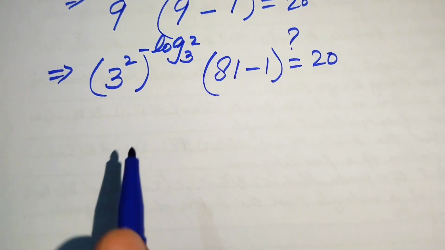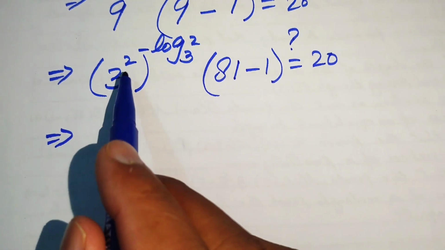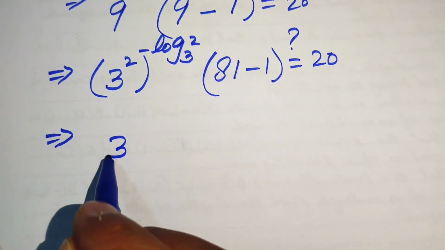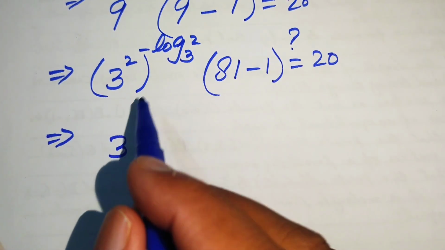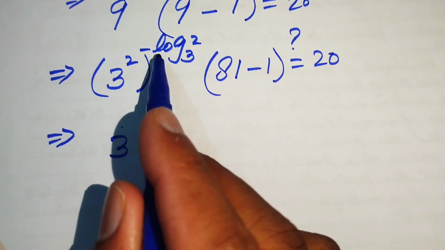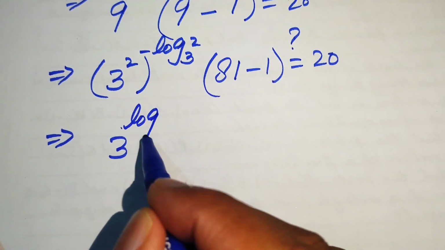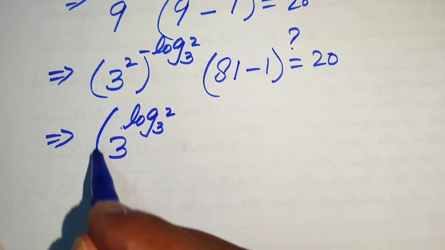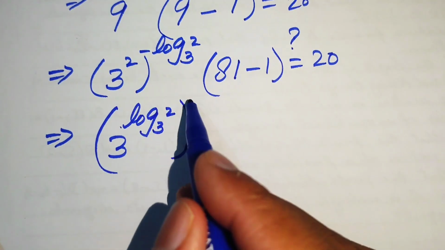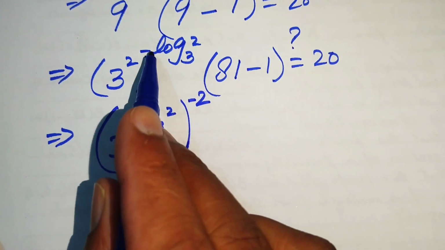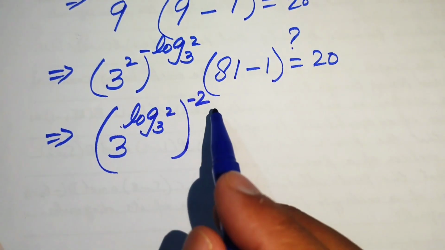Okay, so here we multiply these two exponents, and we interchange these two exponents, and we write it as 3 to the power of log base 3 of 2, and we move this minus 2 upside. This is 2 to the power of minus 2.